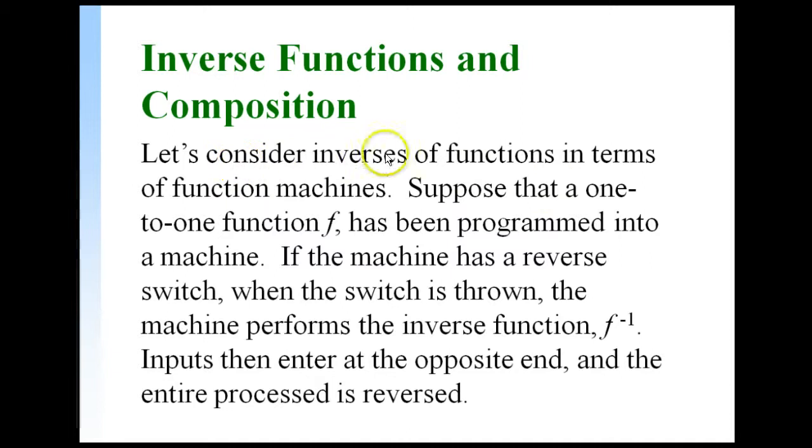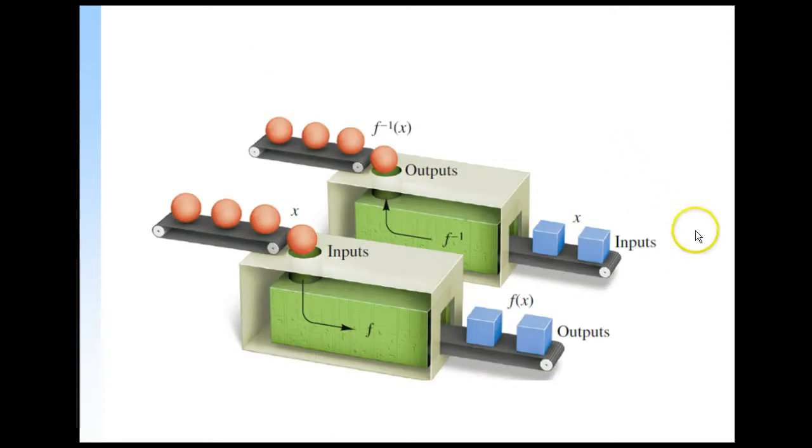Now, let's consider inverse of function in terms of a function machine. Again, good little visual here. So here our x's are coming in, and they're producing our outputs. So we have a value here, we have a value here.